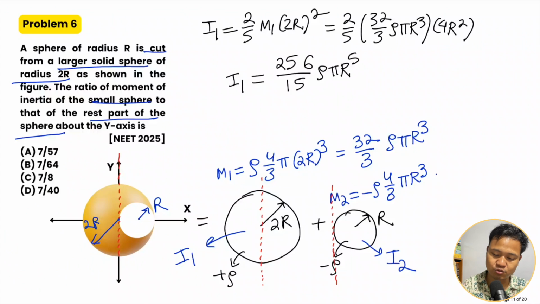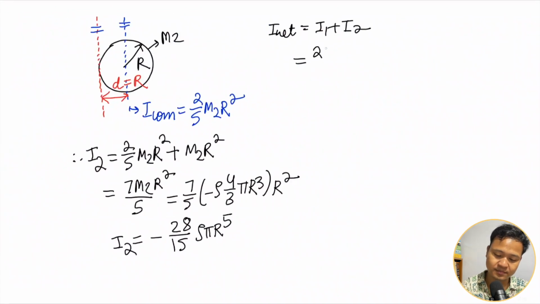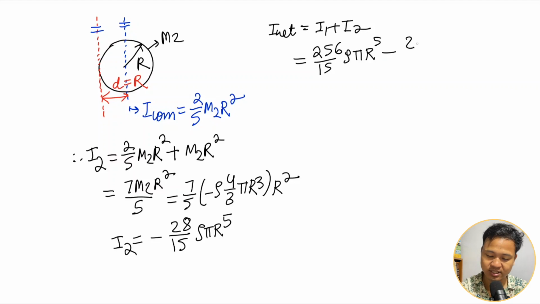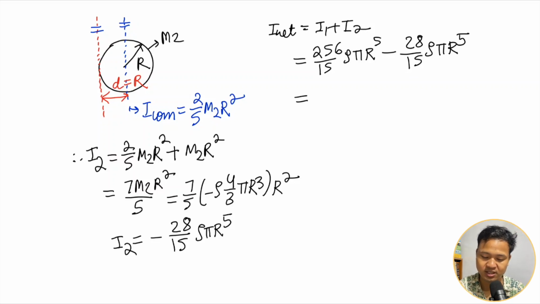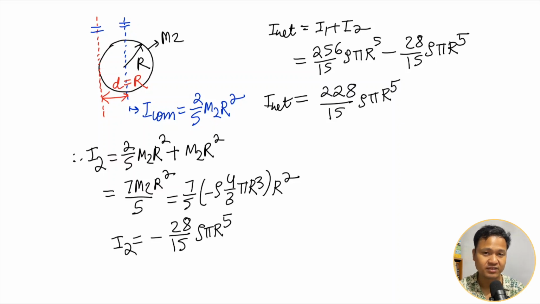I1 is 256 by 15 rho pi r power 5 minus 28 divided by 15 rho pi r power 5. 256 minus 28 is 228, so I net is 228 divided by 15 rho pi r power 5, the moment of inertia of the remaining part with the cavity.